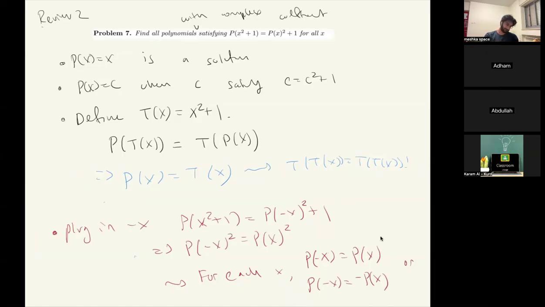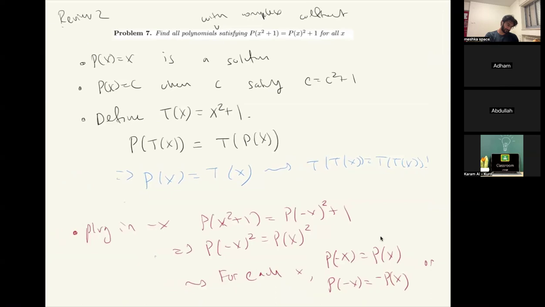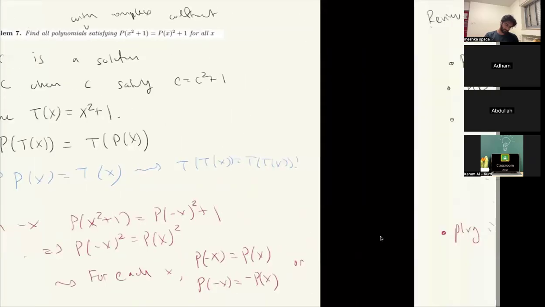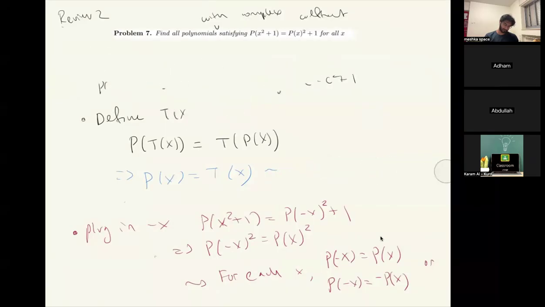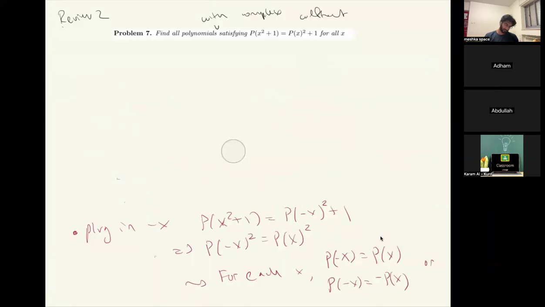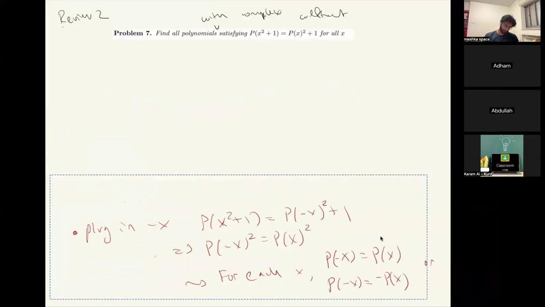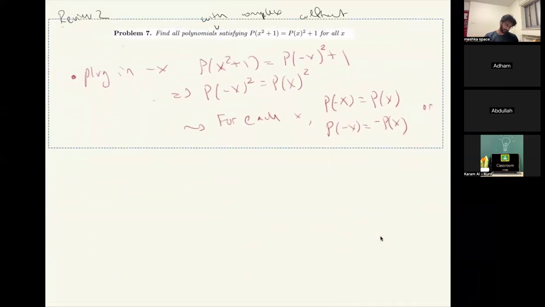Does it make sense? Maybe I can just say it a little bit explicitly. So what we're saying is, okay, maybe I can erase this. Great, so we have this.